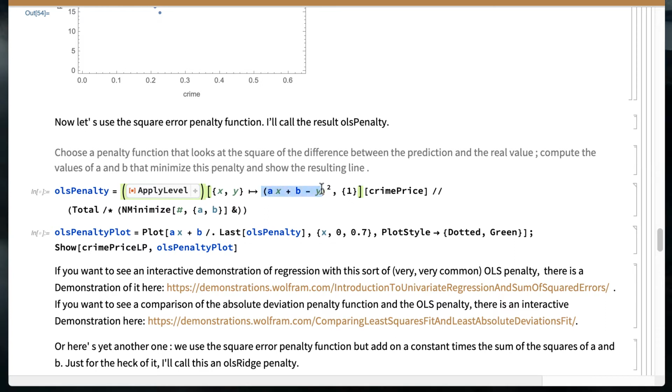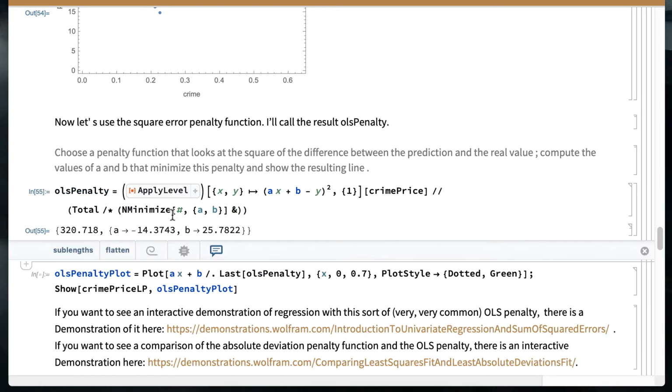If you want to call this a residual, because it's sort of what's left between the model and the actuality, we're taking the sum of the squared residuals. And we will then find the values of A and B that minimize the sum of the squared residuals. And we'll call this the OLS penalty, where OLS might just happen to stand for ordinary least squares.